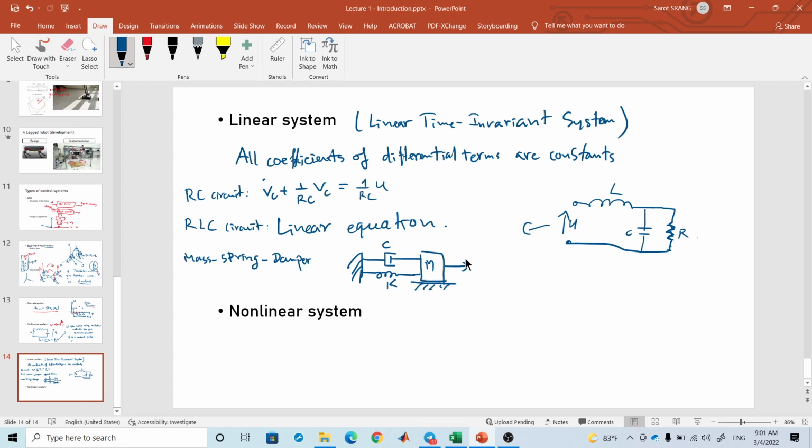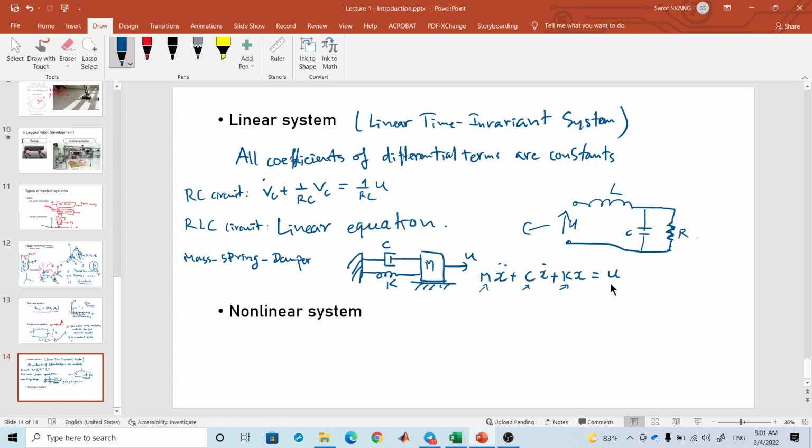So let's say you have the input as a force to the system, and the equation would be m h double dot plus c h dot plus k h equal to u. So you can see that the coefficients are constant. Okay, then this is a linear system.